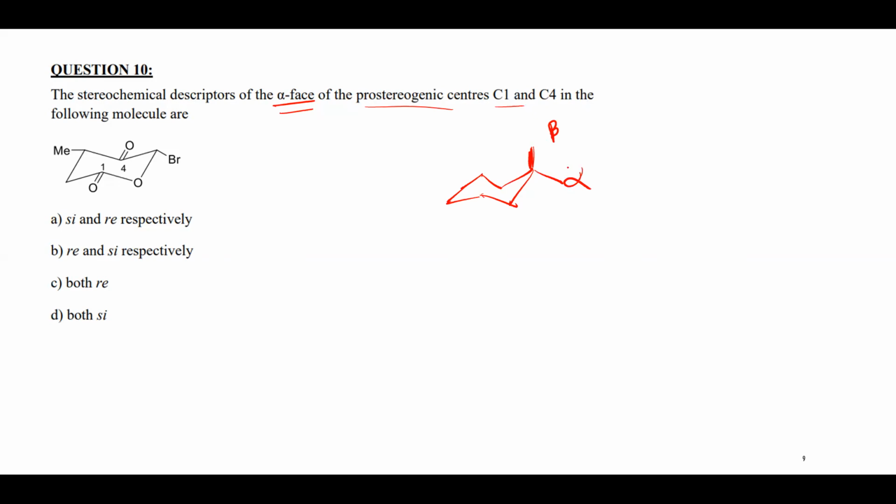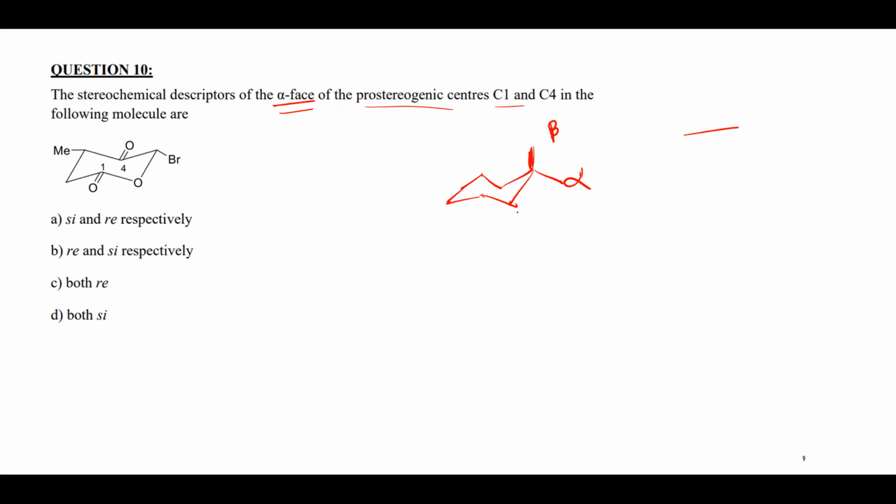So always keep this in mind. Most people make the mistake of considering the upper face as alpha and the lower face as beta, but this is not the case in terms of stereochemistry. The upper one is called beta, and the lower one is called alpha.